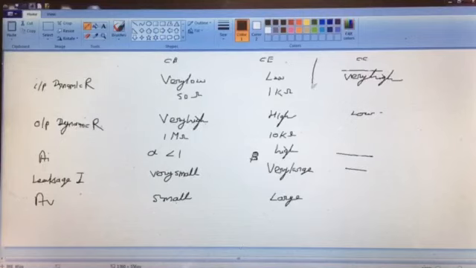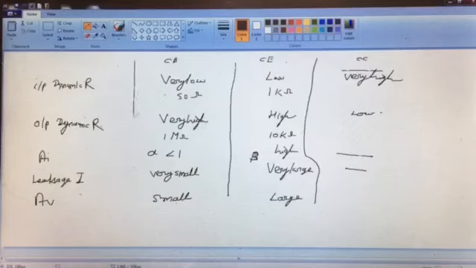So in common base configuration the input dynamic resistance is very low, about 50 ohm, but in common emitter it is low, meaning higher than common base, of the order of kilo ohm, while in common collector it is very high.